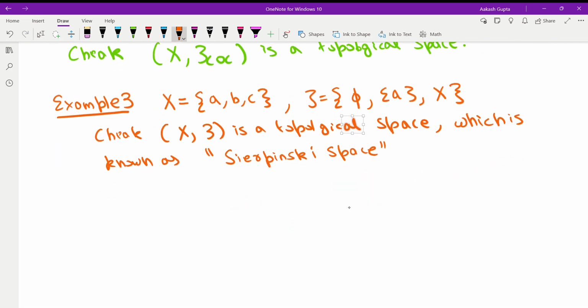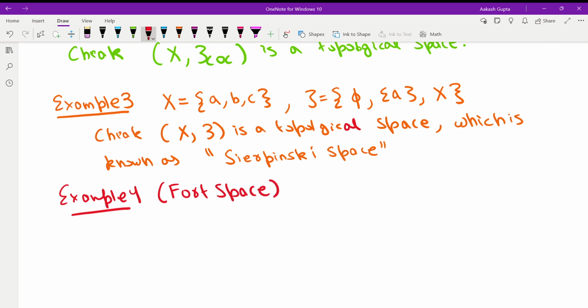So another example I want to give is this, which you call the fourth space. Now what is it? Let me define it.